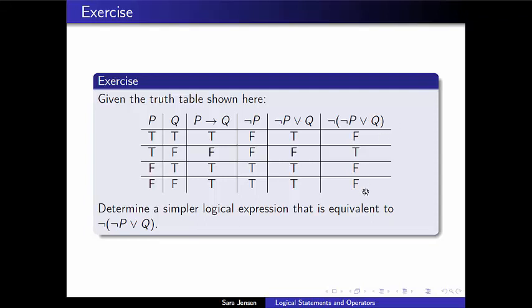And can you come up with some combination of P's, Q's, nots, ands, ors, and exclusive ors that's a simpler way to write down the negation of not P or Q? That's the exercise I'm going to leave you with, and we'll talk about that perhaps in person.